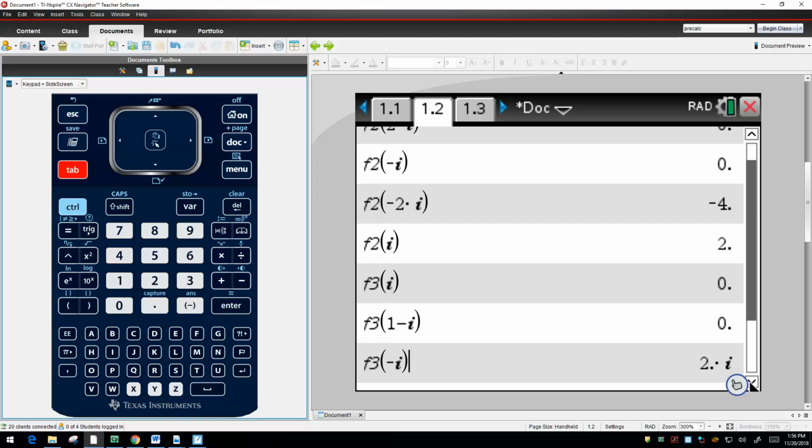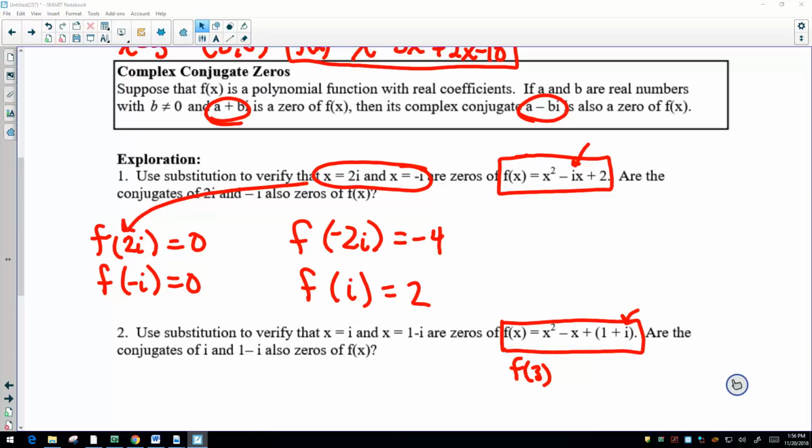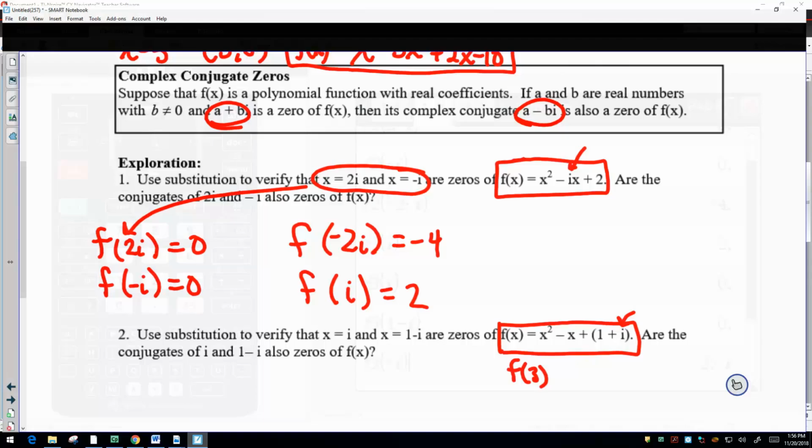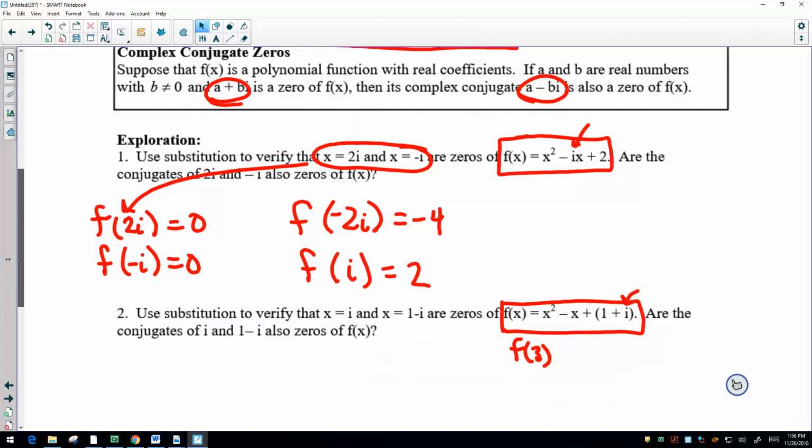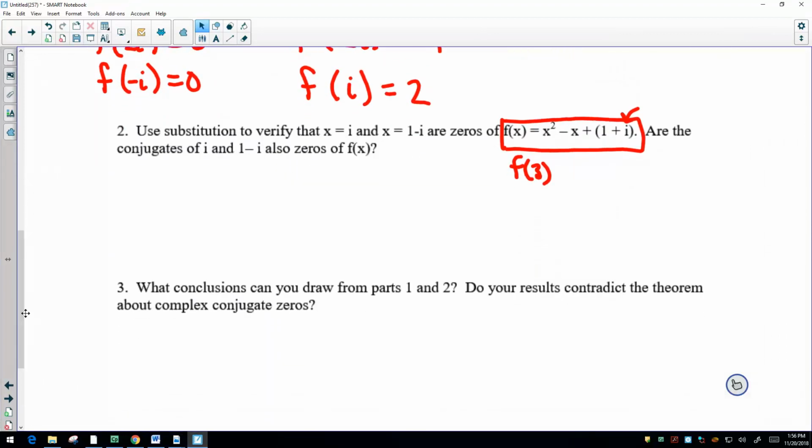When I plug in negative i, I get 2i. I can see that is not going to give me an actual solution. So I cannot say, again, the conjugates are going to be zeros. What I can tell you is to notice the differences that we have here.